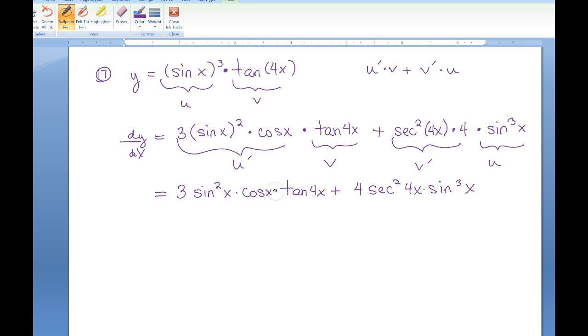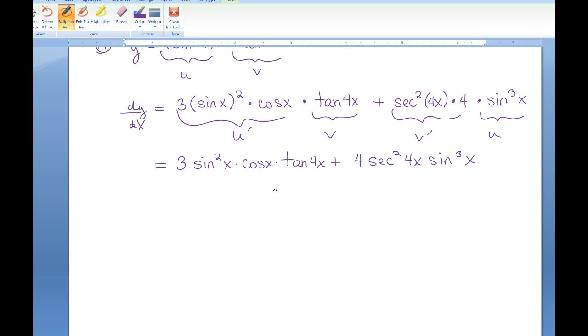Is there any way that we could possibly combine some of the things like sine squared and cosine squared? There's not much you could do. Because this has a tangent of 4x and this is cosine x, it would have to have the same angle, like just x. But that's all you can do.